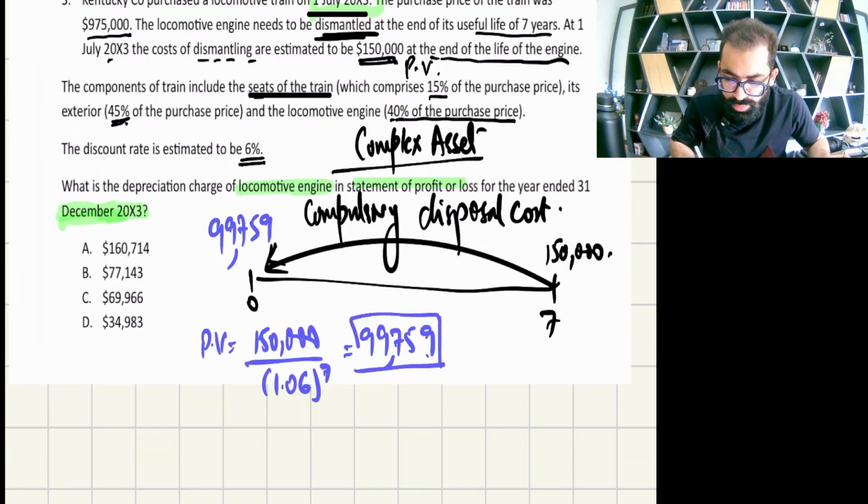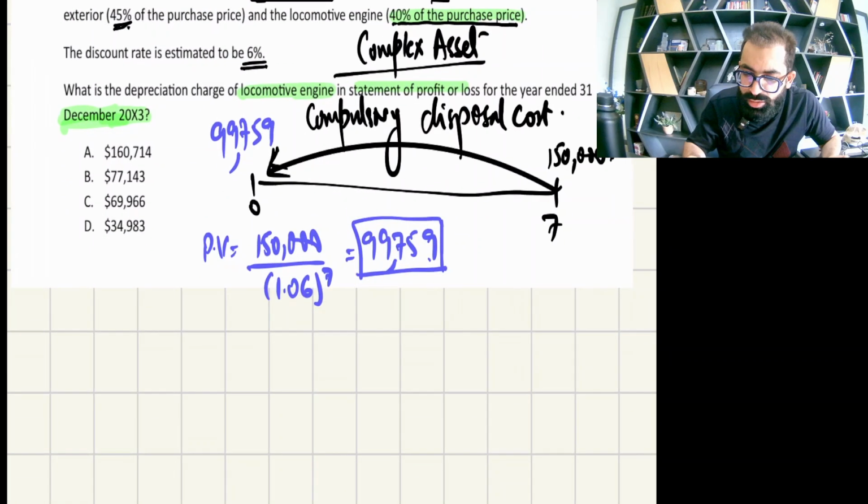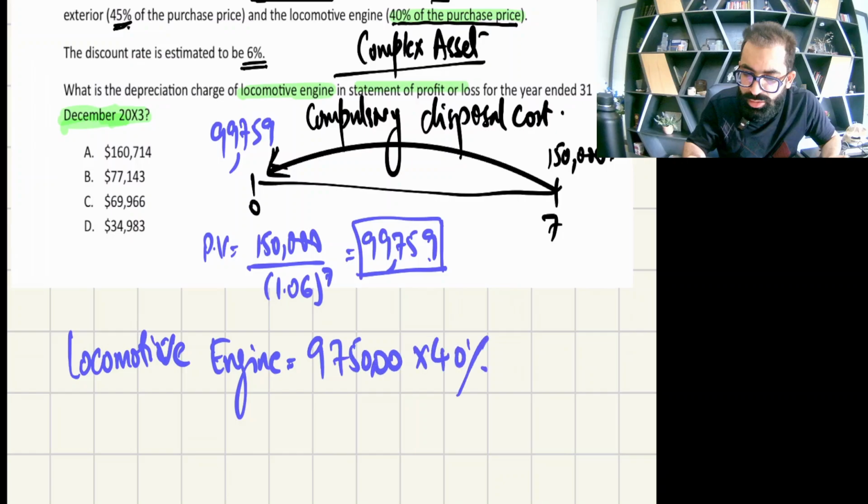Now, out of the complete total asset, the purchase price of the total asset was 975. How much is the locomotive engine? Locomotive engine is 40% of the purchase price. Okay, so 40% of 975 is equal to 390.